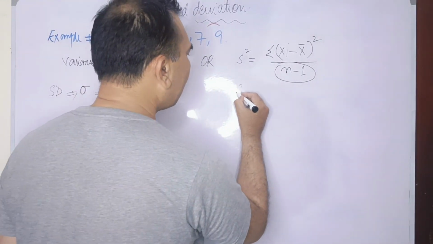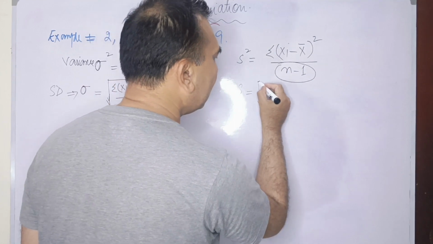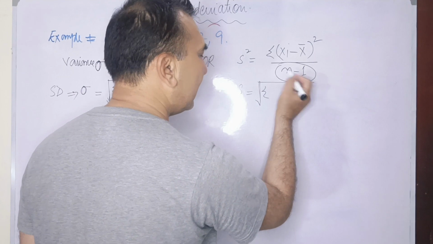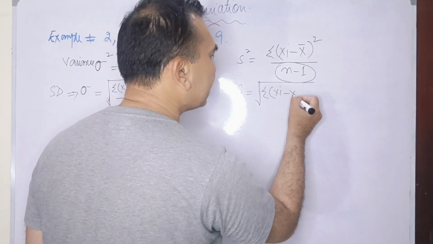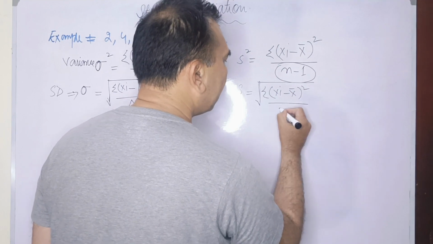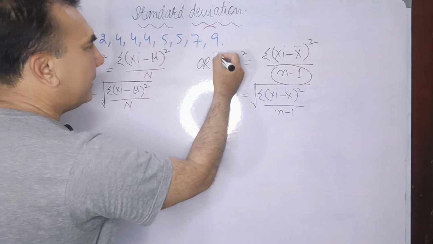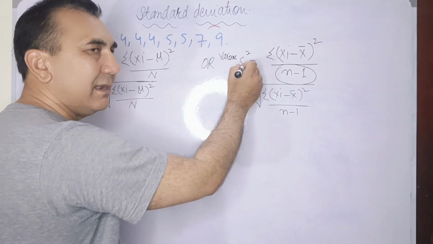Now when we remove the s square and write s, we put the root symbol on the formula: the root of the sum of xi minus x bar whole square divided by n minus 1. This is the formula for the calculation of the variance.